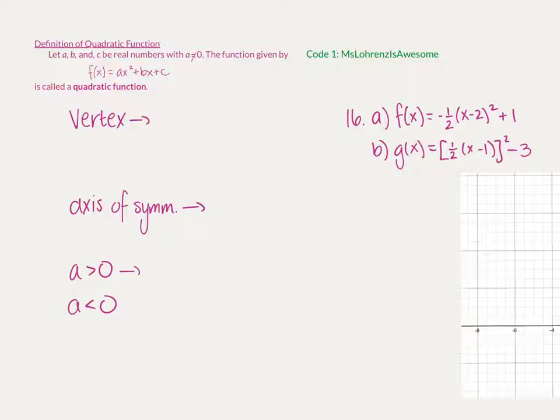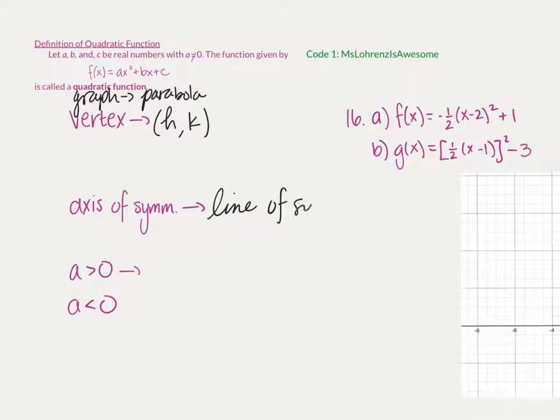First and foremost, quadratic functions have the graph of a parabola. Second, the vertex of the function is given by the numbers h, k. The axis of symmetry is the line of symmetry for the graph.